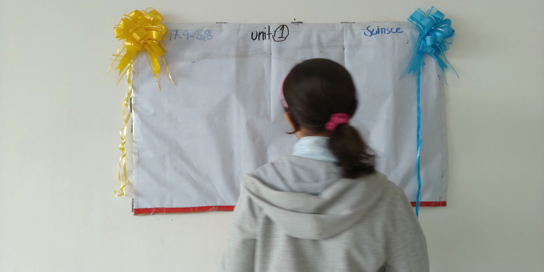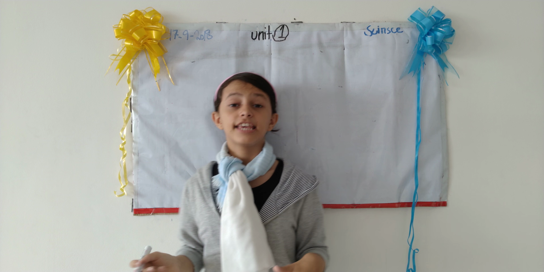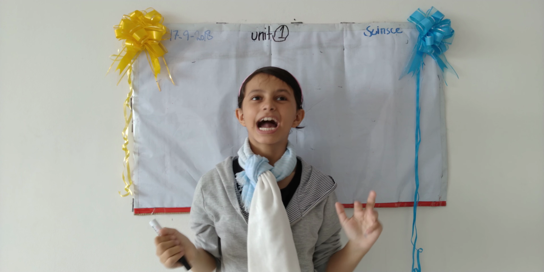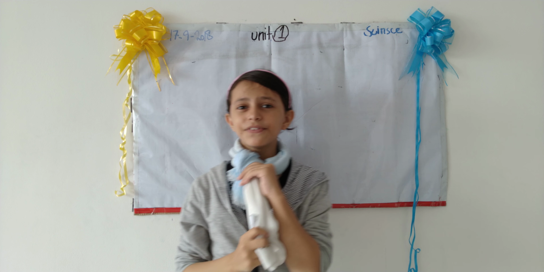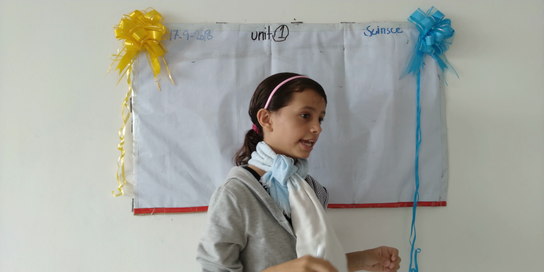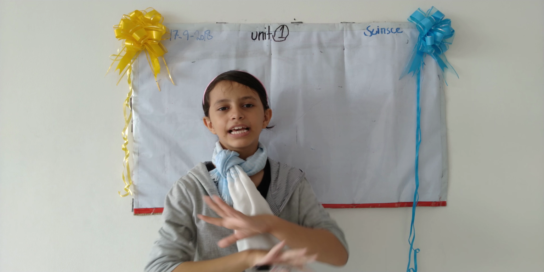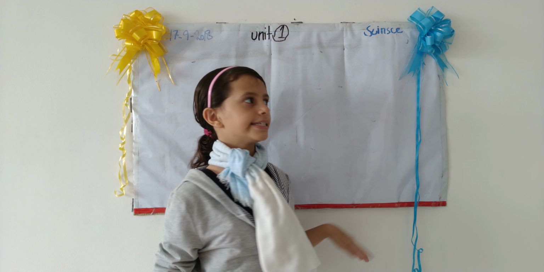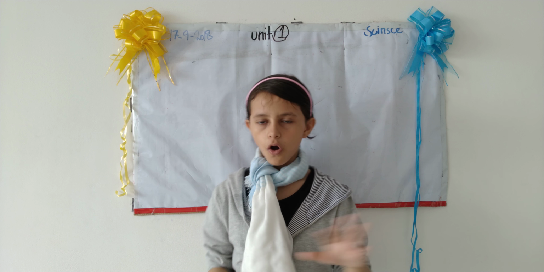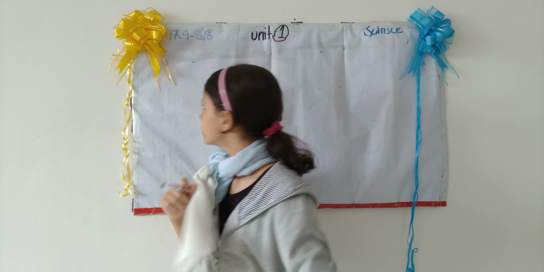Even some people say they see things, which is the color black. Even black is not specifically a color. It's something that means you don't see anything. It's just dark.